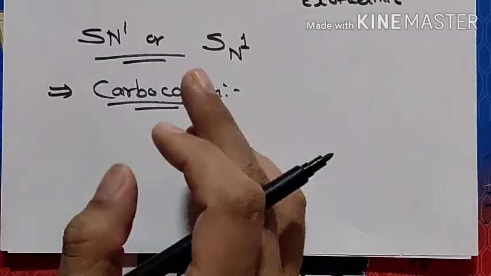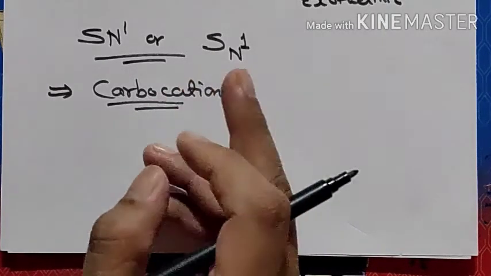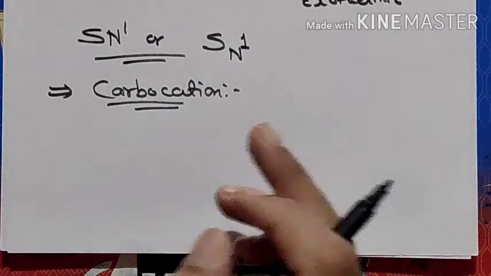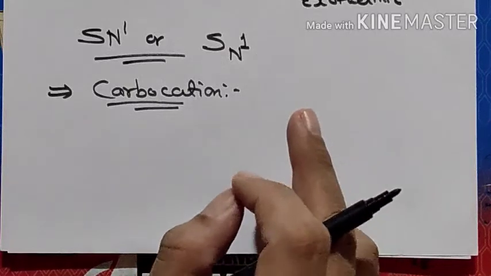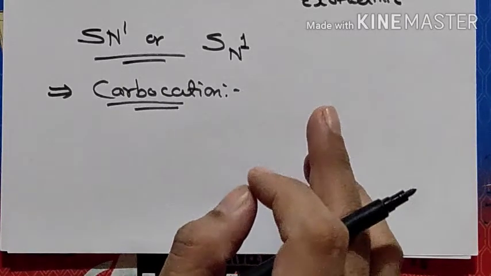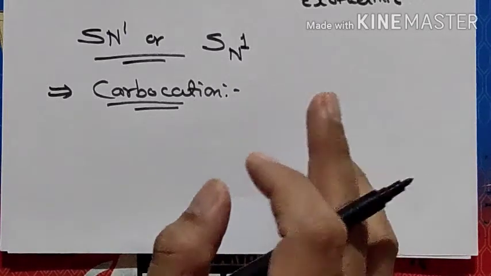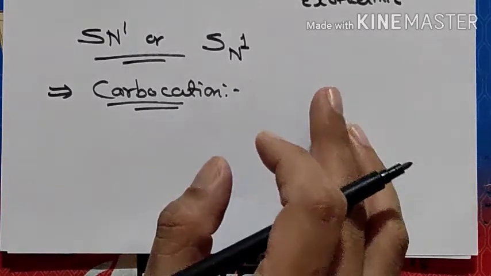Carbocation means that species which has positive charge. We have to talk about the stability of carbocation, because in one of the transition states there's a formation of carbocation, and in one step there's a formation of carbocation. So we have to understand the carbocation, and also the stability of carbocation.